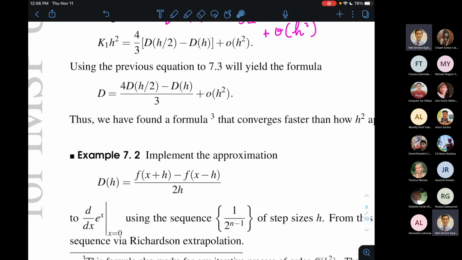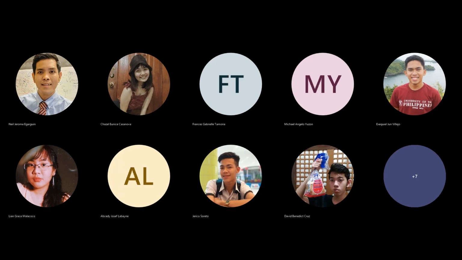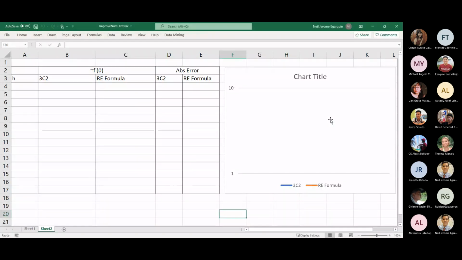Okay? So I'm gonna shift to my spreadsheet here. Okay, there you go. I hope kita nyo na guys yung Excel ko. Alright, so we start with 0.1. Yan yung una kong step size na gagamitin. 3C2, abbreviation ko lang sa 3-point centered formula of order 2. First number represents the number of points used.